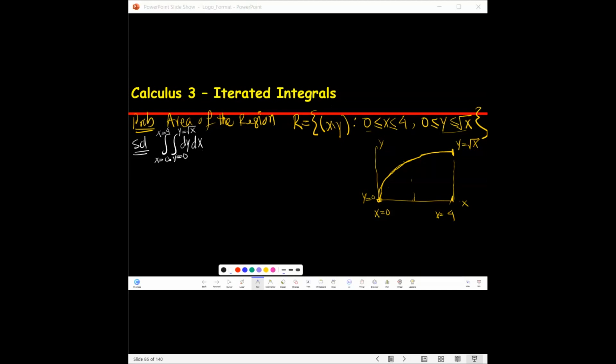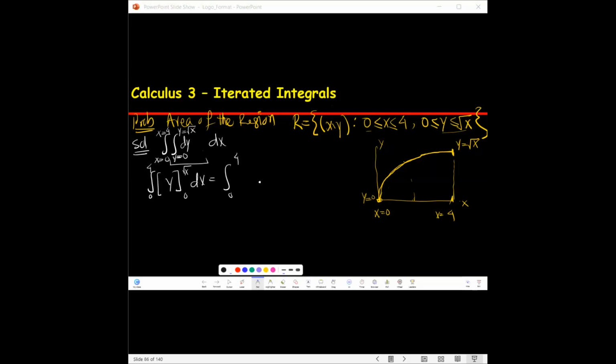I'm going to solve the inside one first, before I go to the dx. I'm splitting them with a little bit of a gap. 0 to 4 comes as is, and this one is going to be y, with the limits 0 to square root of x, and then dx.